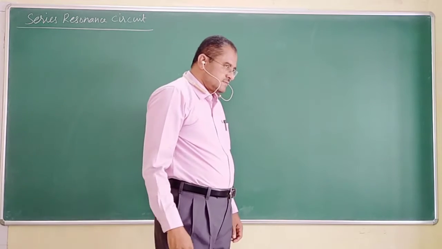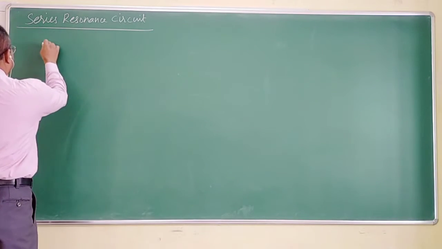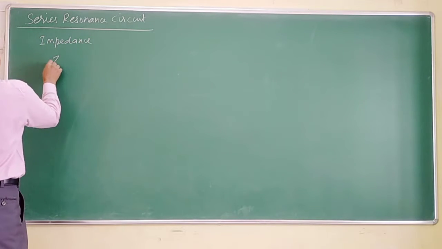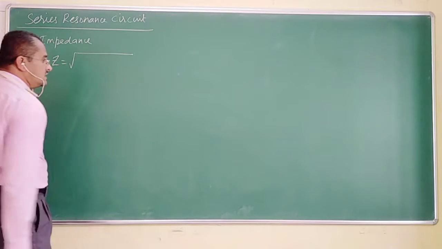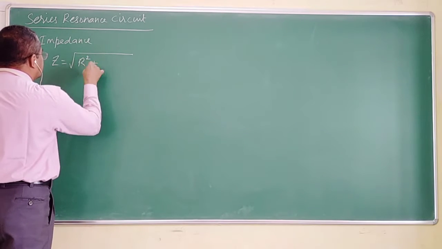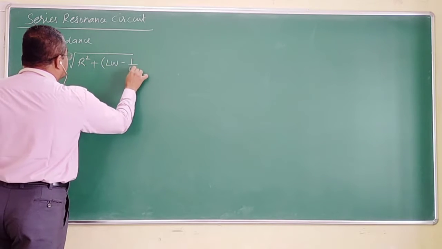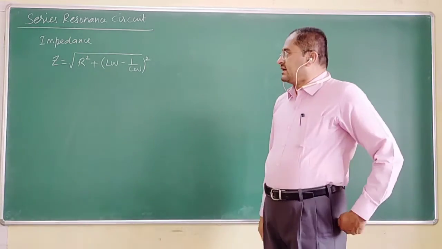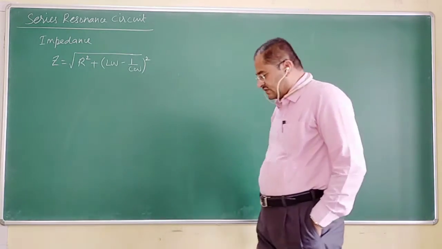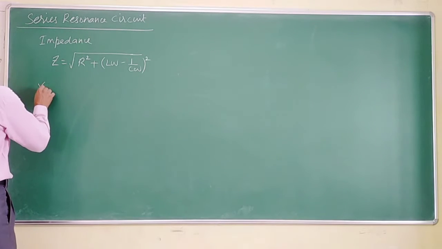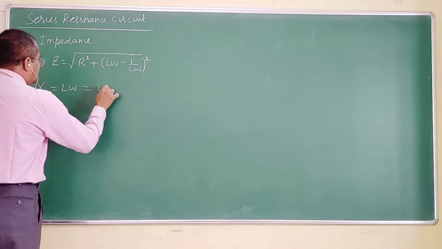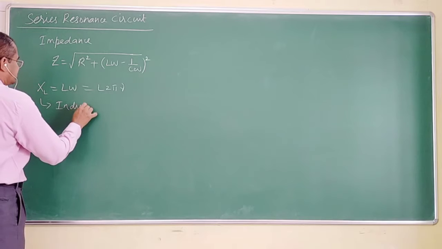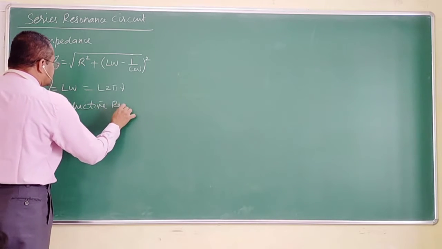If you remember the previous class, we derived the expression for impedance. Impedance Z is equal to the square root of R squared plus (L omega minus 1 by C omega) the whole squared. Here L omega we denote as X_L, which is L 2 pi nu, and this is called inductive reactance.